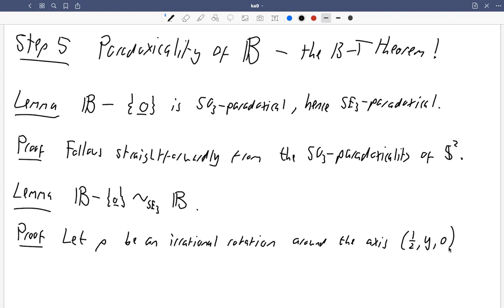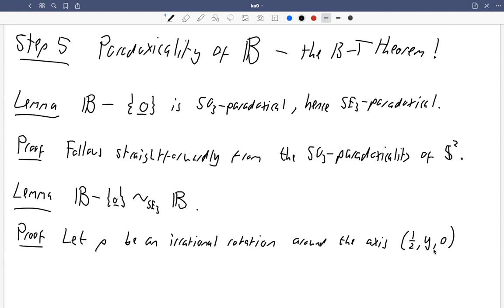So we've got z is 0, x is a half, and we're allowing y to change. So it's like the y-axis, but it's shifted to the right along the x-axis by a value of a half. So we're going to rotate around that axis. Irrational means it's an irrational multiple of pi.